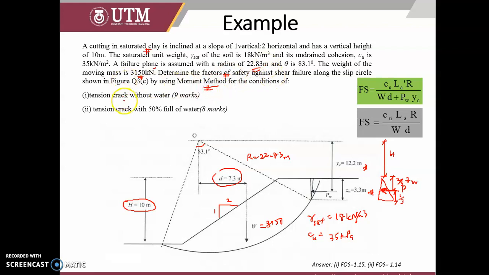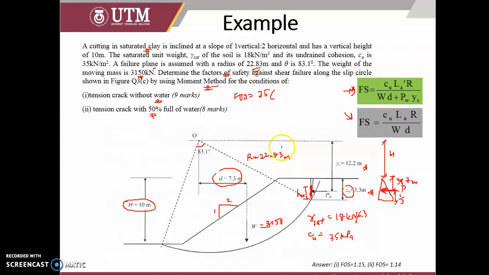Okay. What is the tension crack without water? So this is an easy one. Use this equation. The next is tension crack with 50% of full water, only 50%. So how do we calculate? Because we need to consider the height of water only half of ZW. So substitute for the first one, we see C undrained 35.